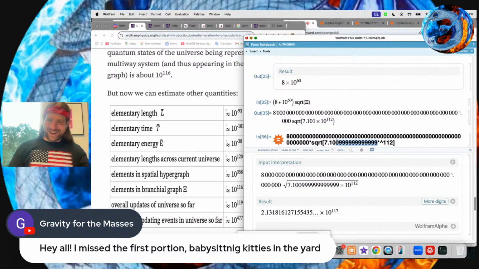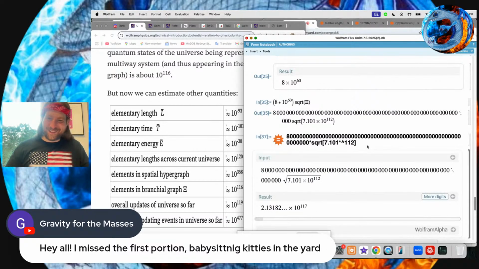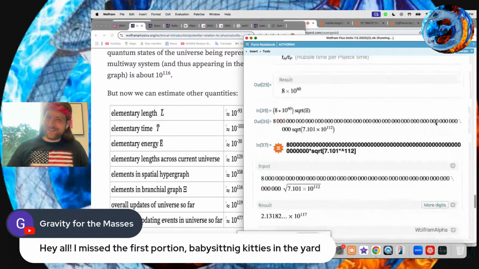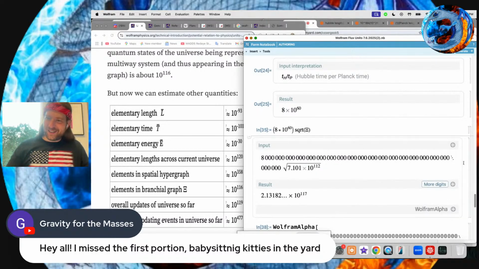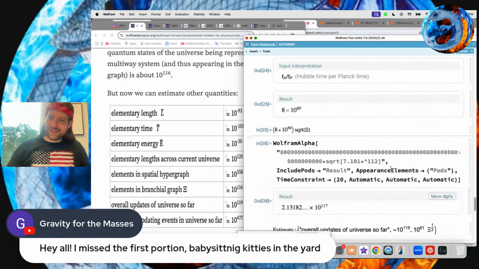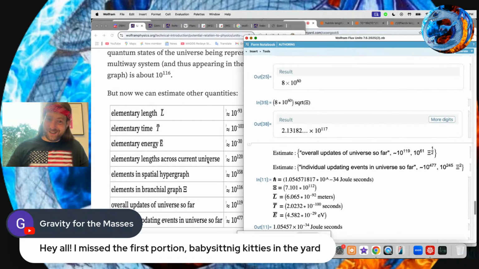God, the rounding. It bothers me. All right, output. There we go. Okay, got that. So we're within a couple orders of magnitude. Two orders of magnitude, not too shabby.